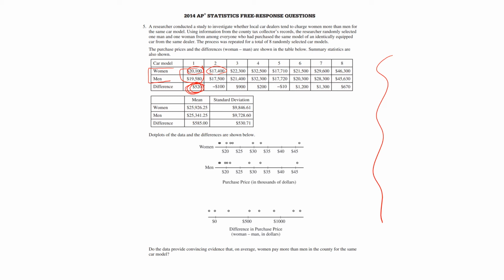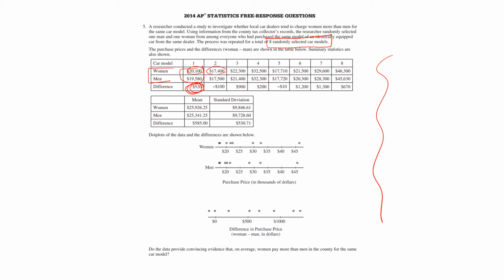Let's look at our samples. Our basic sample is 8 randomly selected car models. So our basic sample is one sample. They selected 8 car models. That was the sample. For each model, they chose a dealer and randomly selected a woman and a man from that dealer.